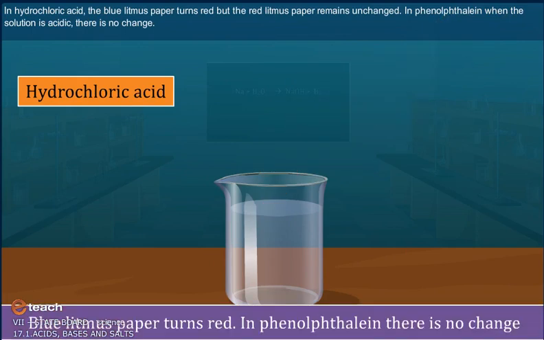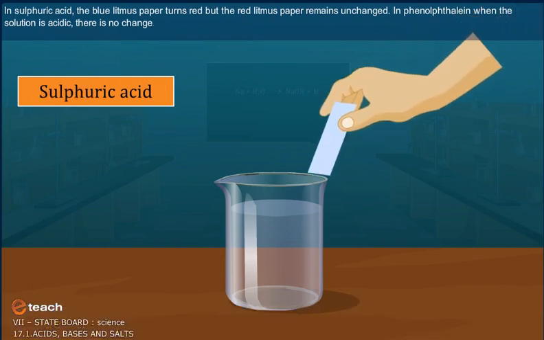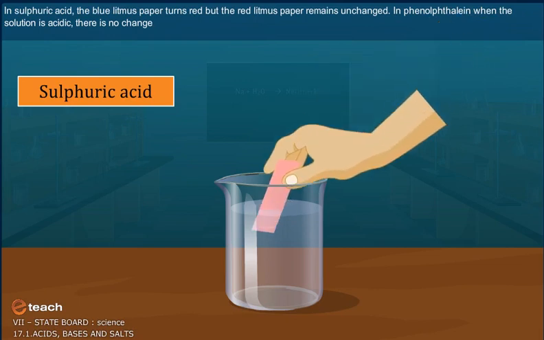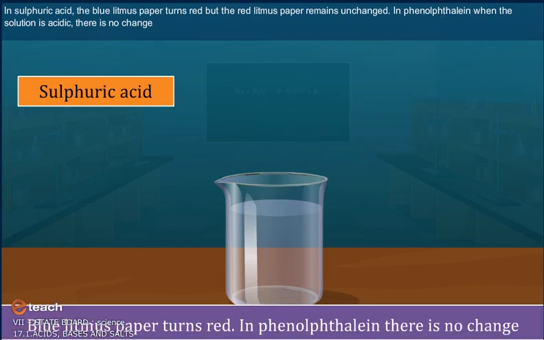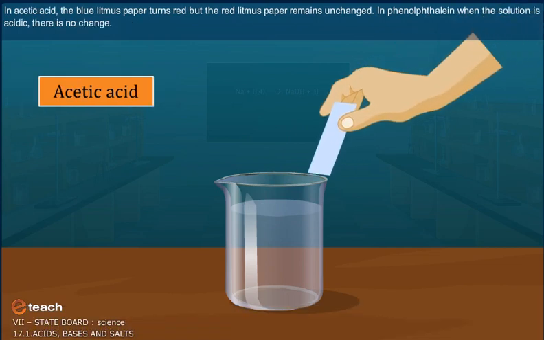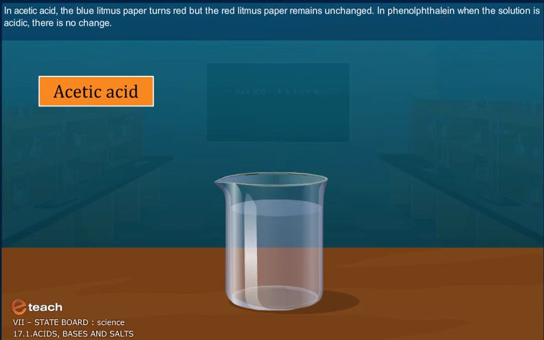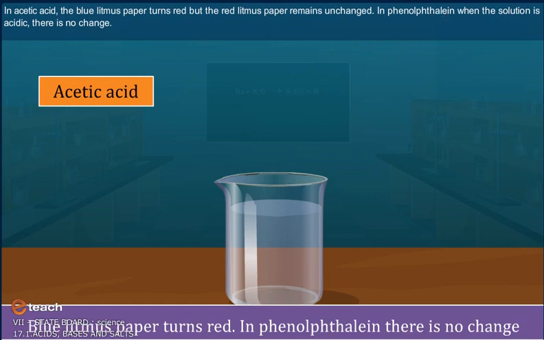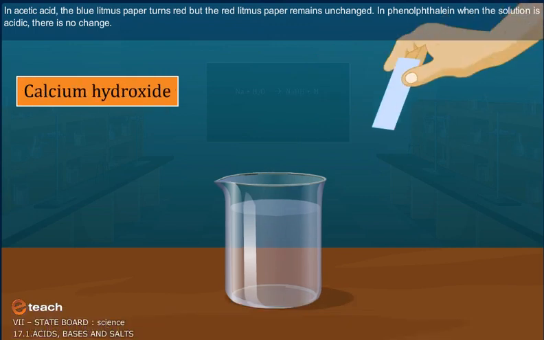In phenolphthalein, when the solution is acidic, there is no change. The same happens in sulphuric acid and in acetic acid: the blue litmus turns red, the red litmus is unchanged, and phenolphthalein shows no change.